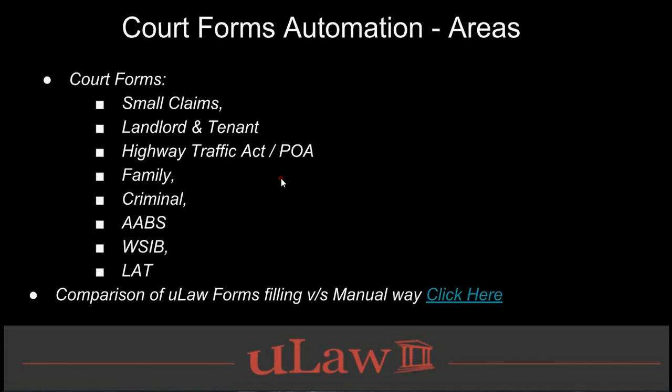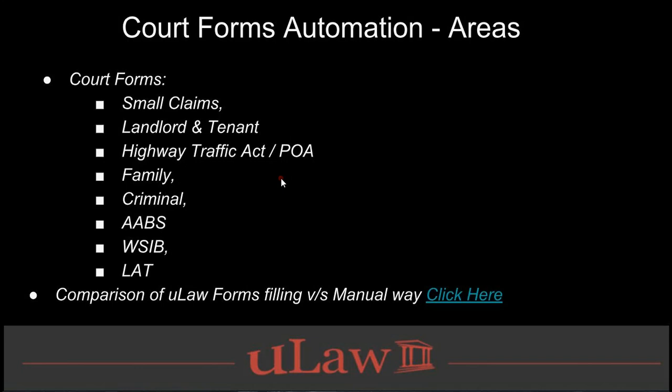Now this is where we were able to utilize the tool set that we already have, the fundamental framework that uLaw has of associating contacts to a matter, and we called it the additional parties, as it's in the legal lingo.